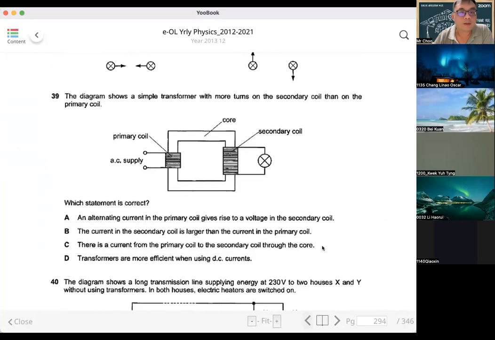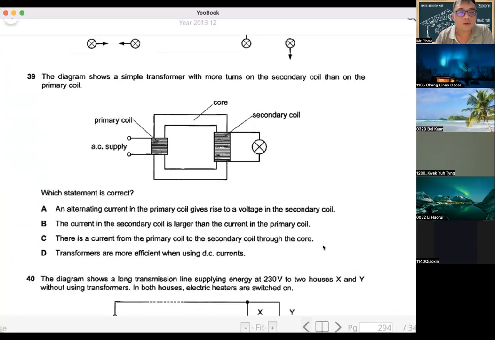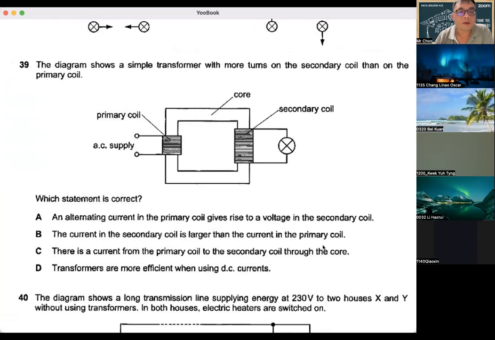Okay, let's do question number 39. All of you, you may begin. Let's do question number 39. Okay, Xiao Xing, well done.